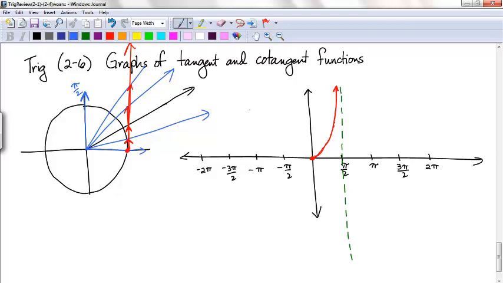Then when you come over into quadrant 2 with your terminal vector, say I'm over here at 110 degrees or something like that, then your tangent just switched from positive infinity to negative infinity. So it actually comes down here, and then it's going to get shorter as you come over.